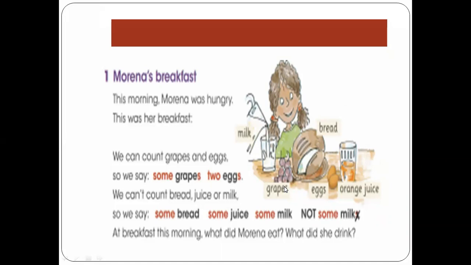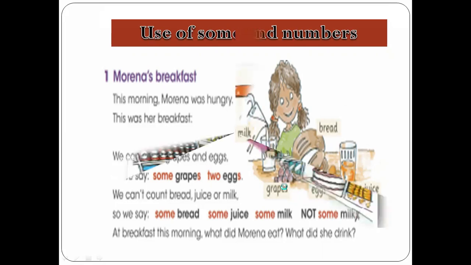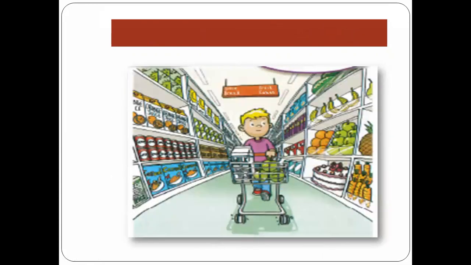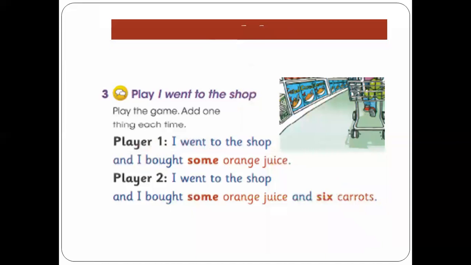Those things which we cannot count, we say some, and those things that we can count, we write with them the numbers. Okay, when someone asks you, what did you buy? You can say some juice and 6 carrots, or you can say some milk and 4 bananas. Okay, understood?